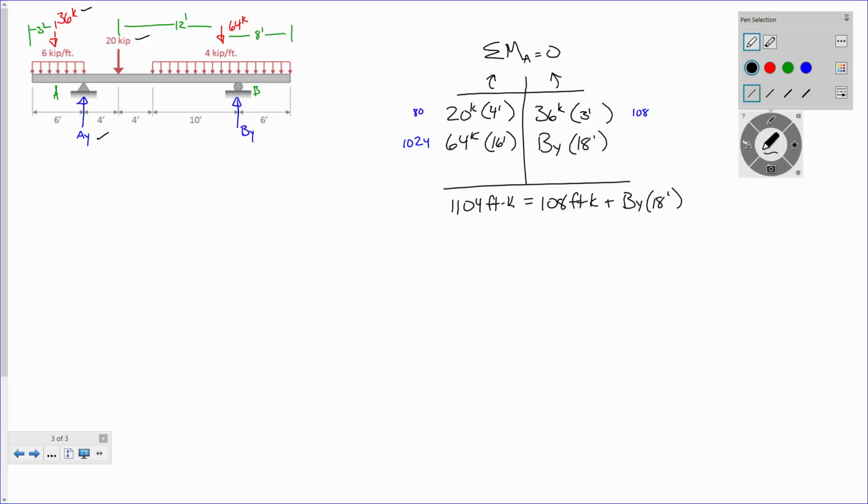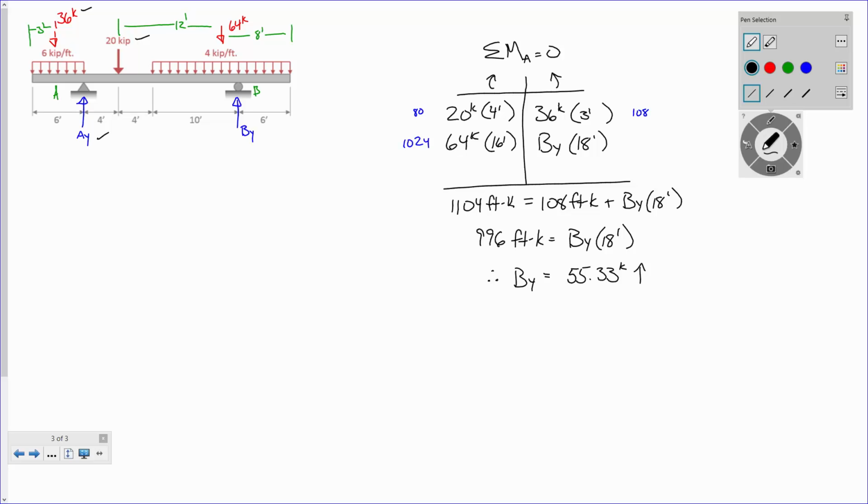Subtract, 1104 minus 108 is 996 foot kips equals BY times 18. So BY is 55.33 kips, and since the answer came out positive, it is acting in the upward direction.